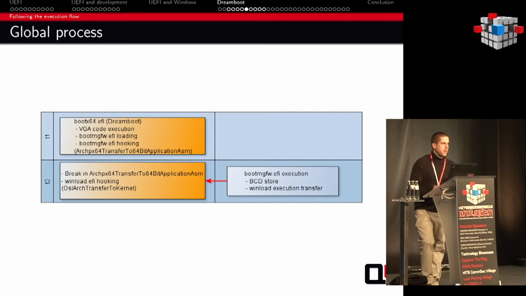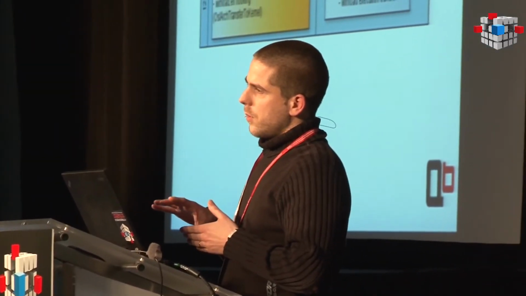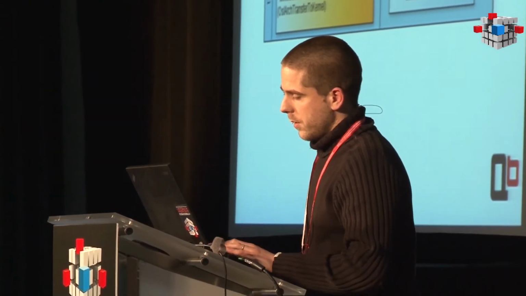So the first stage is to hook the bootmgfw loader. In fact, we will hook a specific function which is in charge of transferring the execution flow from the first bootloader to the second one. It's the best place to put a hook, I think, because we directly have a pointer to WinLoad's code.